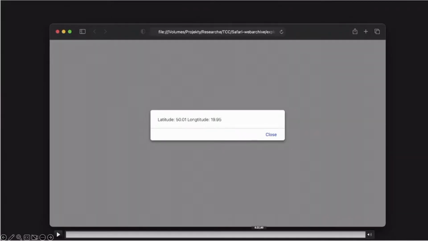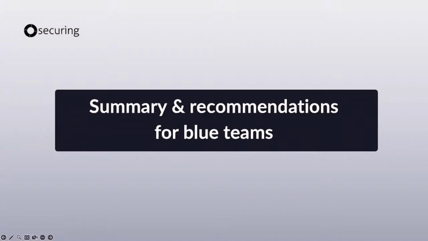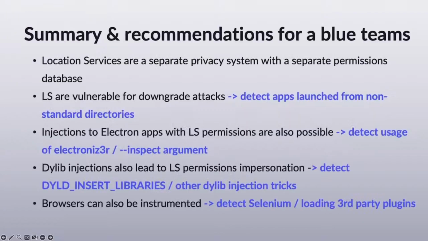It was fixed. Great. So let's sum everything up. I don't want to leave you without recommendations, especially as there are some people from the Blue Team. As you can see, location services are something different from TCC. They have their own database, their own problems. You can bypass it with downgrade attacks. You can abuse the inheritance problem. For the first thing, you need to detect apps launched from non-standard directories, because usually your users will be running them from /Applications.